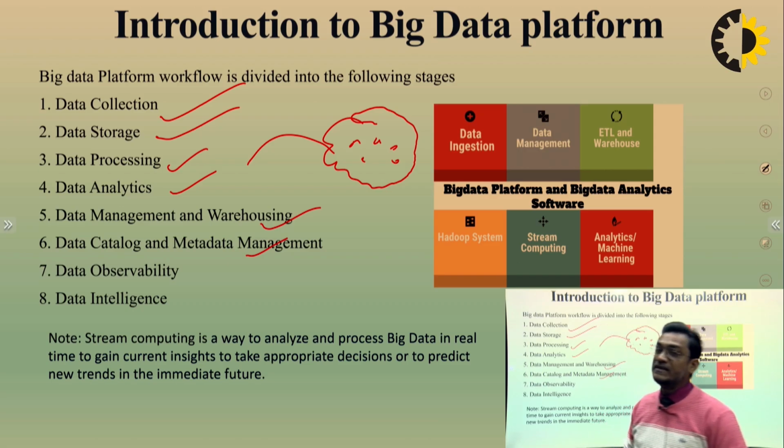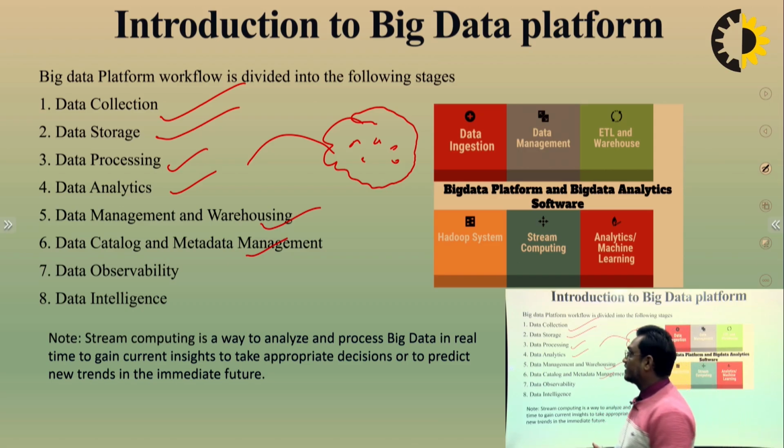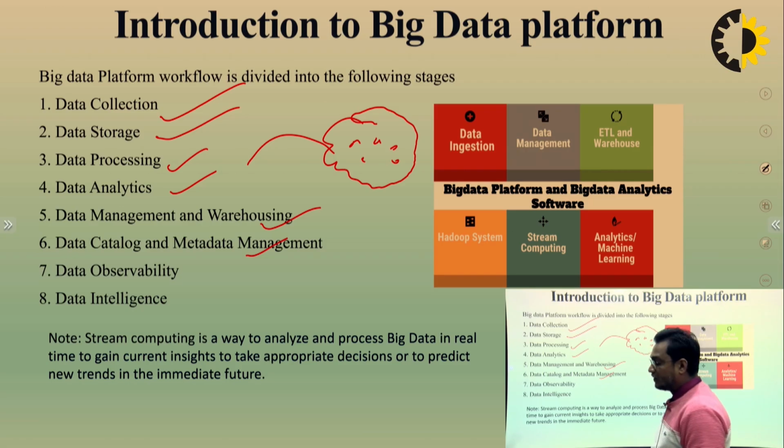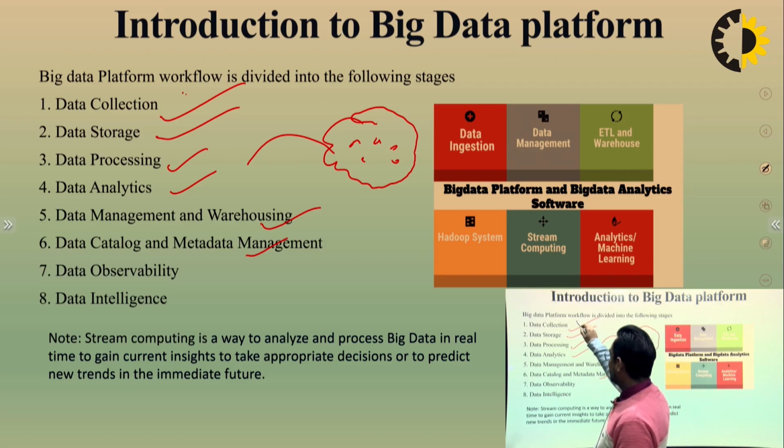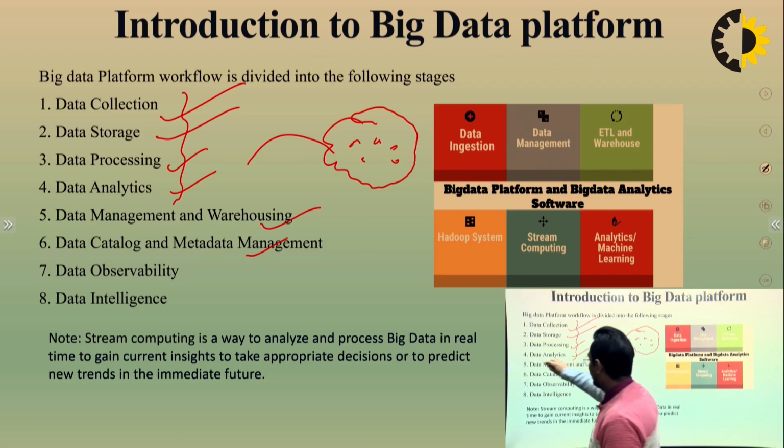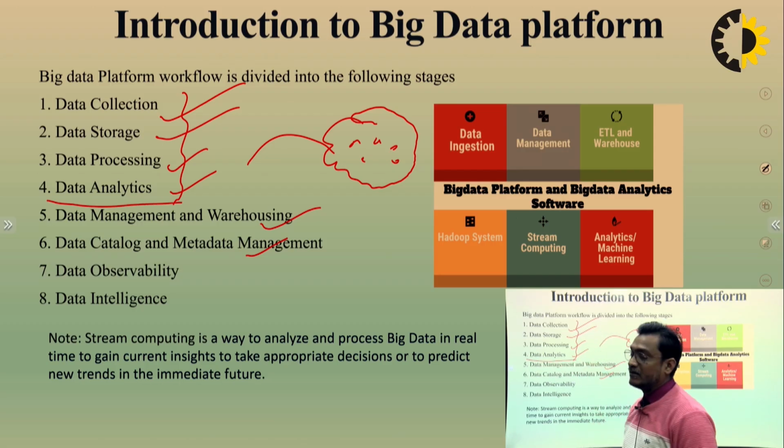With the help of that data, we collect the data, store the data, process the data, analyze the data, and with the help of all these four things, generate new models or generate things for comprehensive studies.